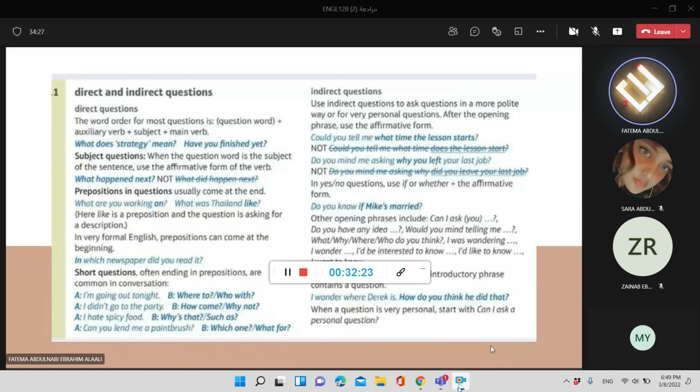Okay. What if this sentence or this question, what did strategy mean? Okay. Imagine that there is no does, there is did. Try to form this question into indirect question. You will start with yes, Sarah. Try. Can you ask Zainab, because I'm actually driving and I'm listening to you.